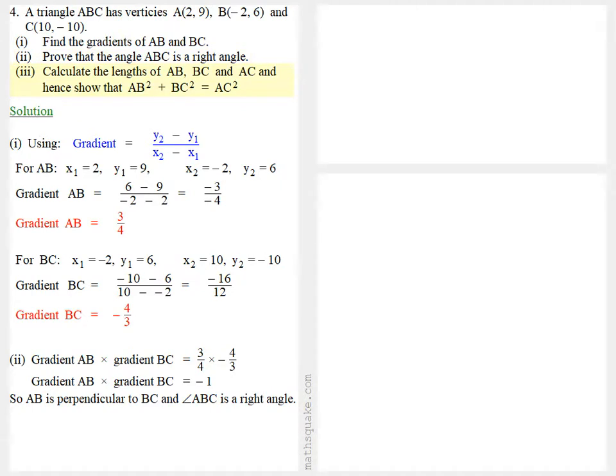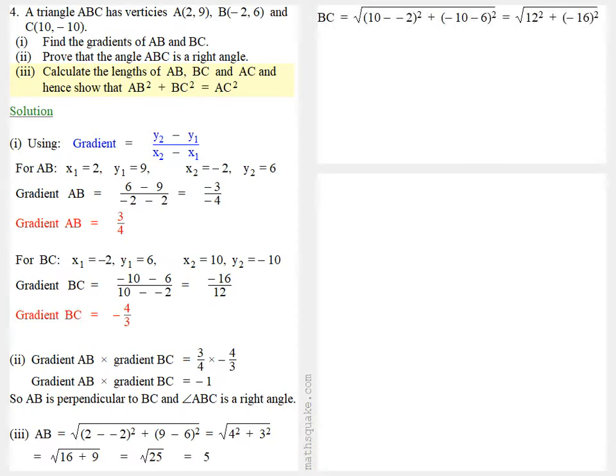In part 3, it says calculate the lengths of AB, BC and AC, and hence show that AB squared plus BC squared equals AC squared. Well, AB is the square root of 2 take away minus 2 all squared plus 9 take away 6 all squared, which is the root of 4 squared plus 3 squared, or the root of 16 plus 9, which is root 25, or 5.